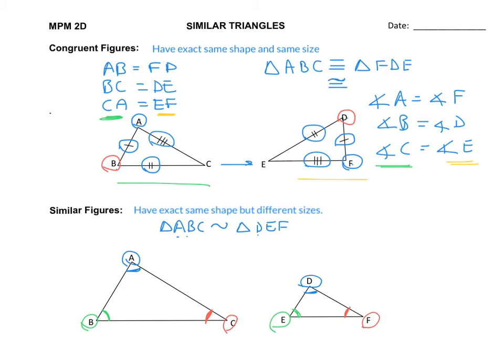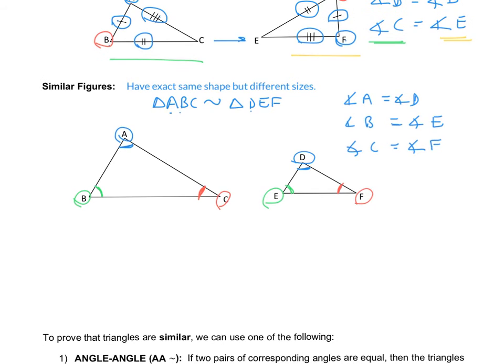So what this means then is angle A, we said, equals angle D, angle B is equal to angle E, and angle C is equal to angle F. Now, as far as side lengths go, they're not equal here, but they are proportional to each other.